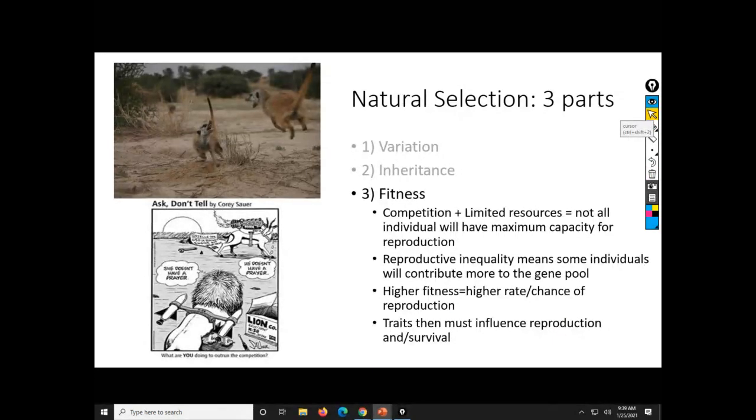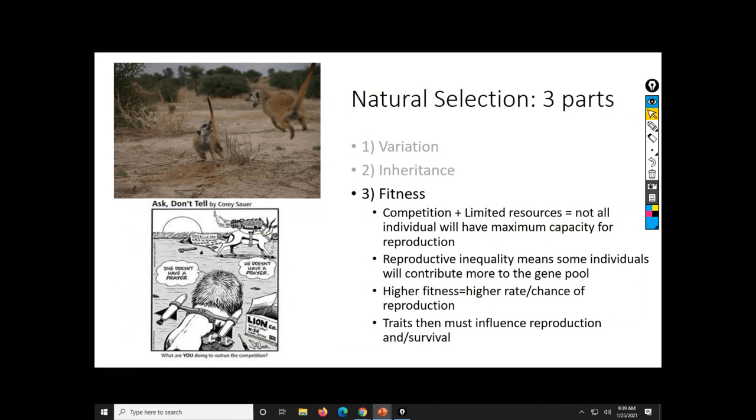Okay, lastly, fitness. Now, fitness is the biggest concept. But ultimately, the idea is that whatever thing it is we're tracking, the trait, has to matter.